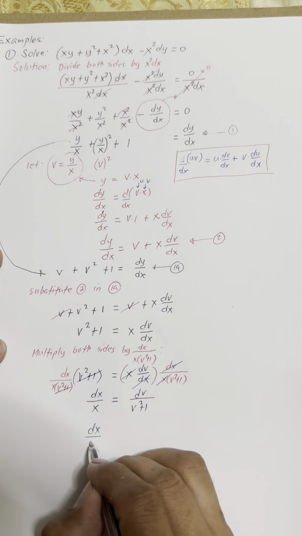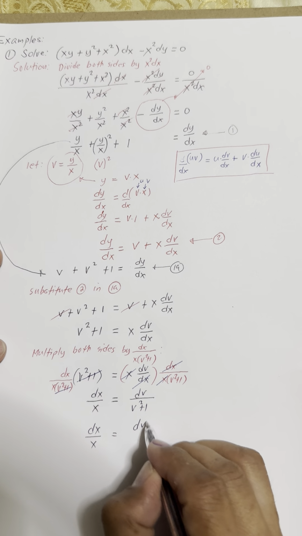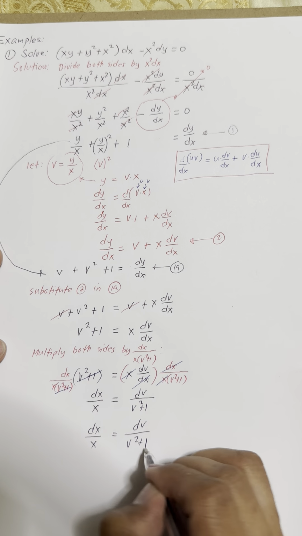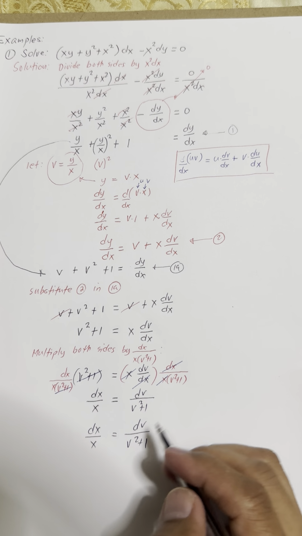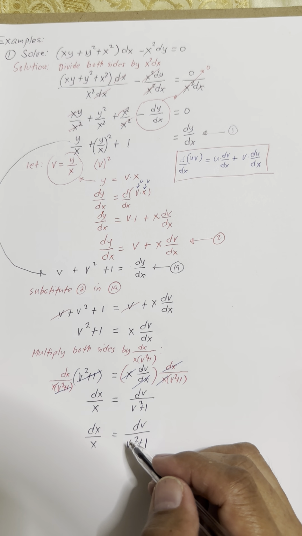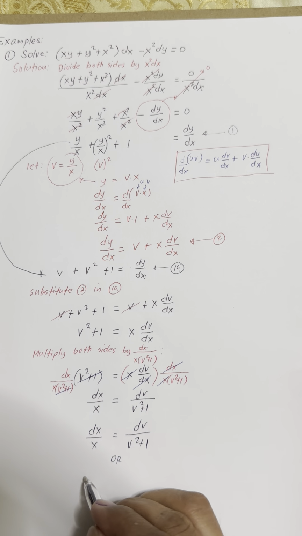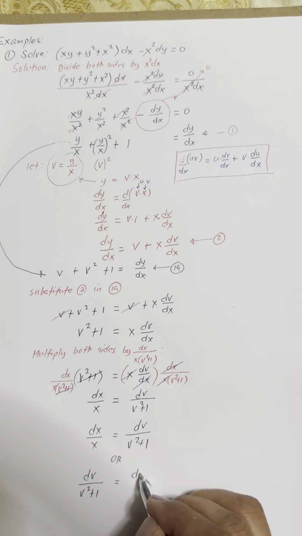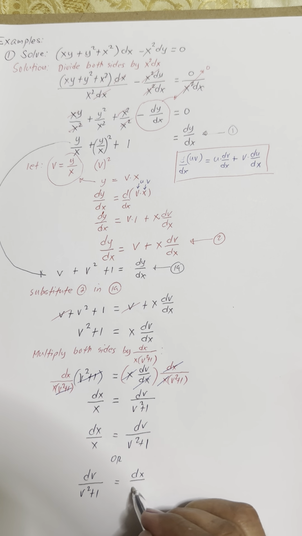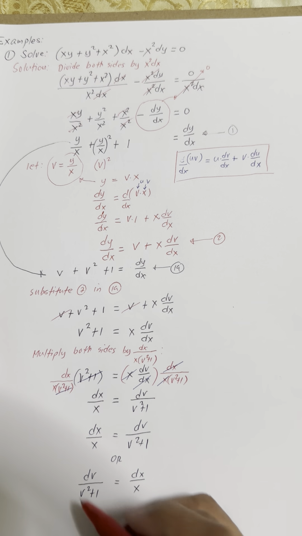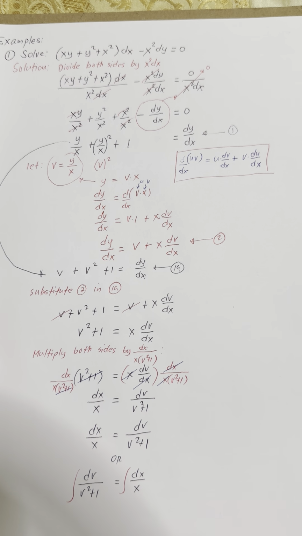So dx over x equal to dv over v squared plus 1, and we can rewrite this as dv over v squared plus 1 equal to dx over x. So they're just the same. Okay? And then after that, we integrate both sides.